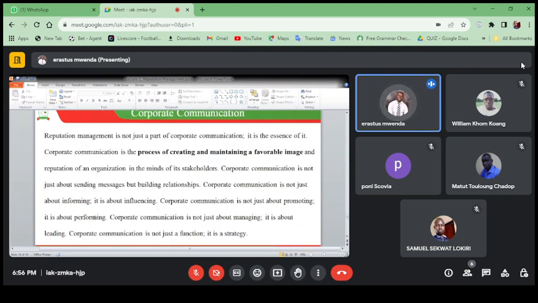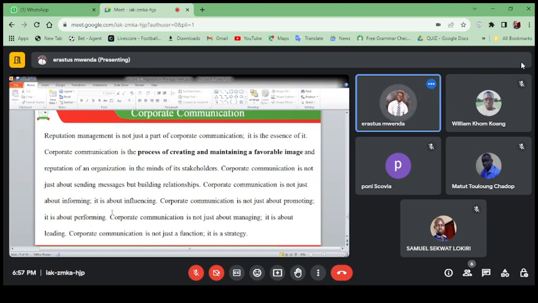Now we have a very important concept which we call corporate communication, and we are saying this is just a process of creating and maintaining a favorable image. And when we are doing it, the reputation of the organization improves.